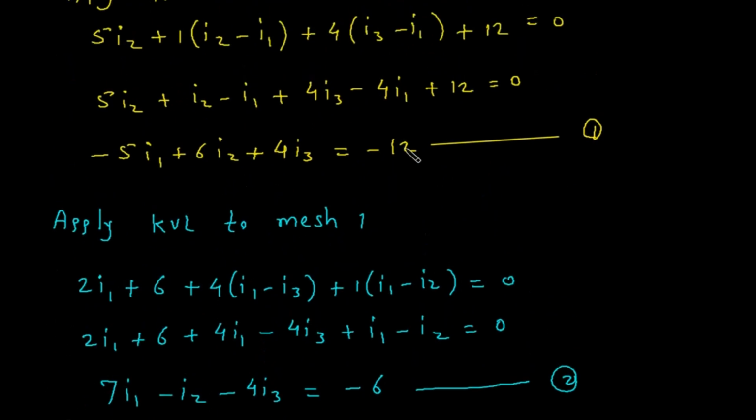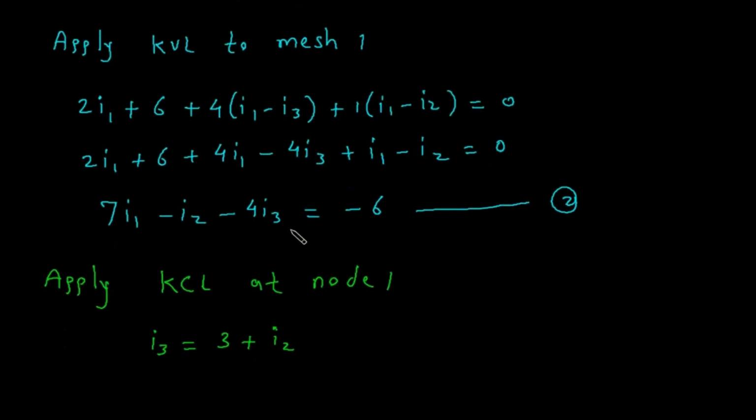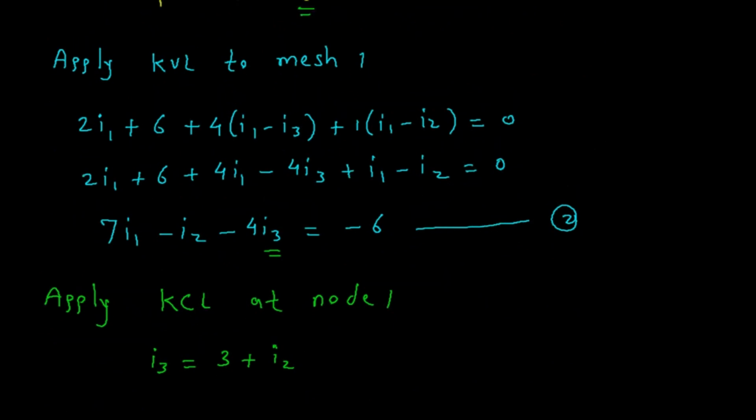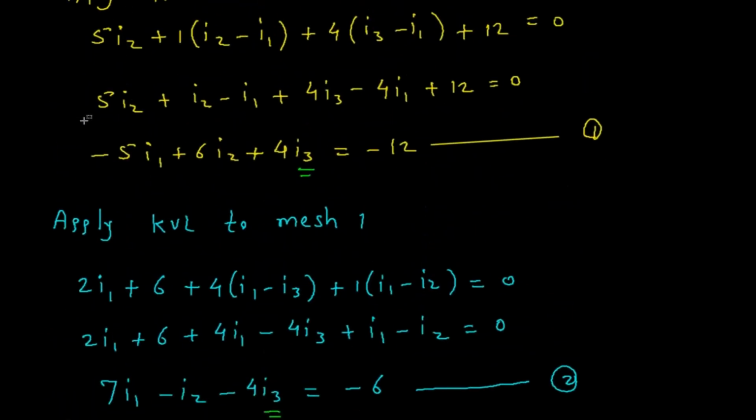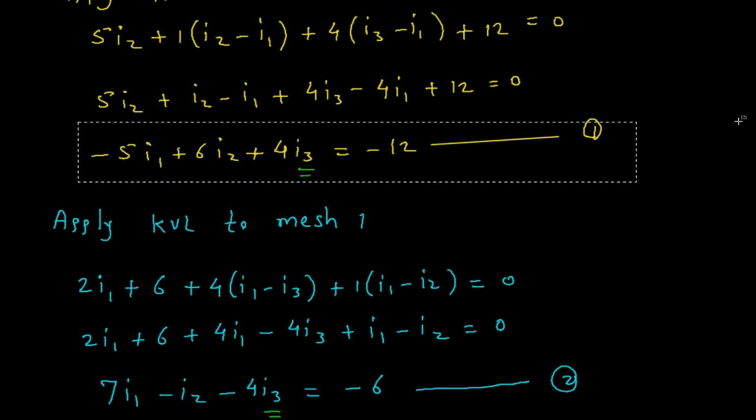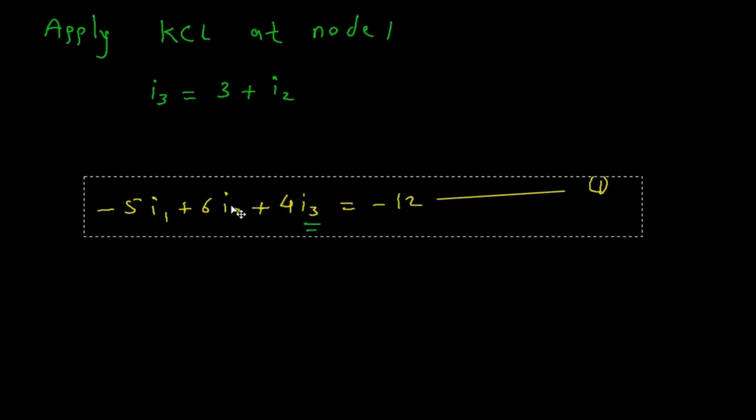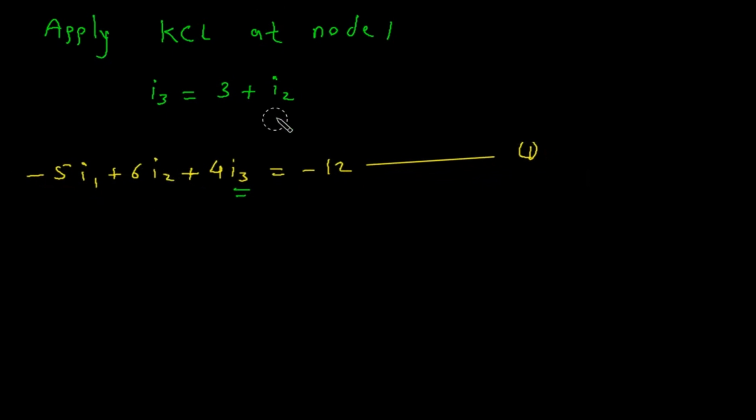So, we will replace this I3 by 3 plus I2. We will rewrite it again. Minus 5I1 plus 6I2 plus 4 times (3 plus I2) is equal to minus 12.